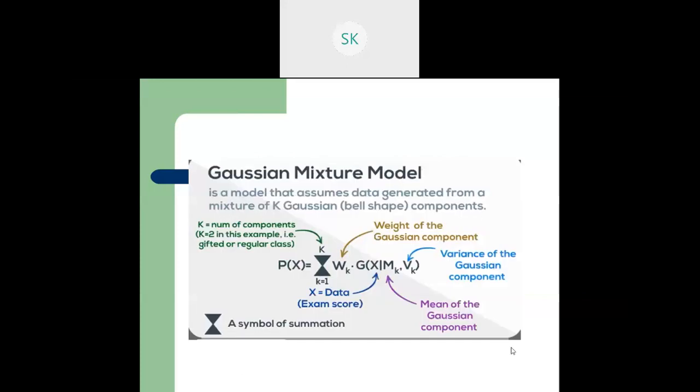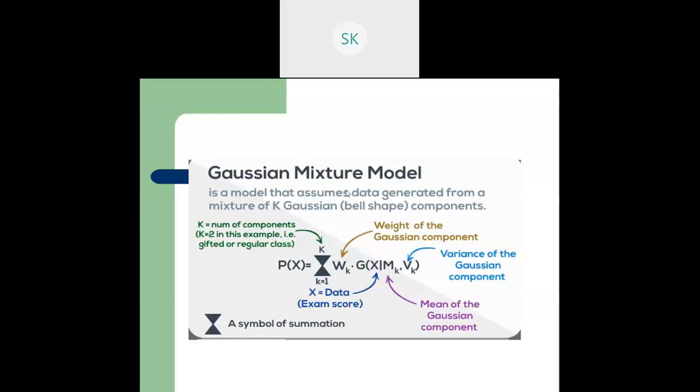Now the Gaussian mixture model. The problem statement is that students are coming from different regular classes, and to promote them to the regular class or the gifted class, we look at last year's results. Based on those results, we decide a threshold for gifted and regular. So what is the Gaussian mixture model?